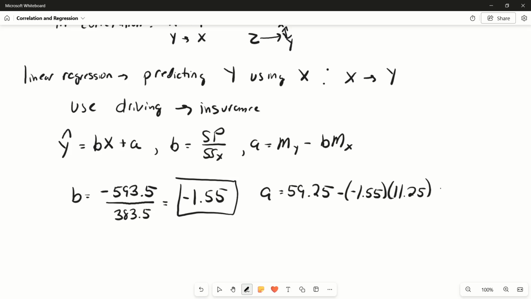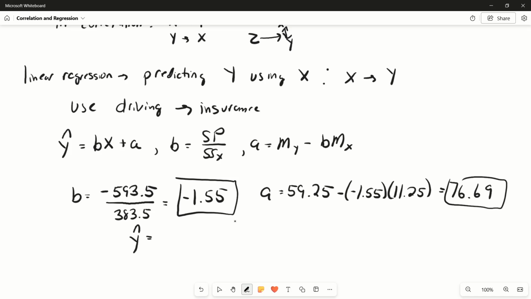And when I simplify this, remember, minus a negative is a plus. So you're going to end up turning this to addition. All right, so when I turn it to addition and add it to 59.25, I get 76.69 as my y-intercept.